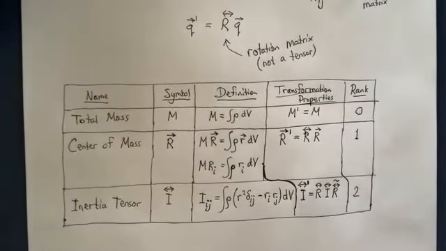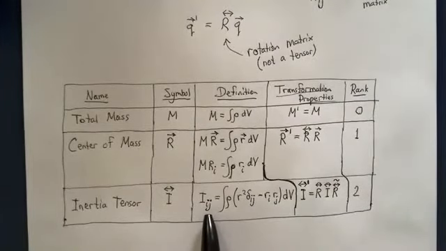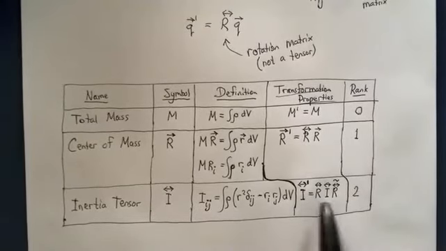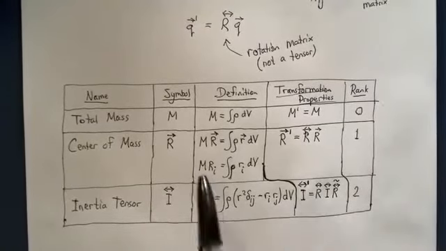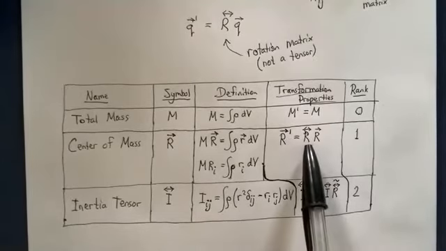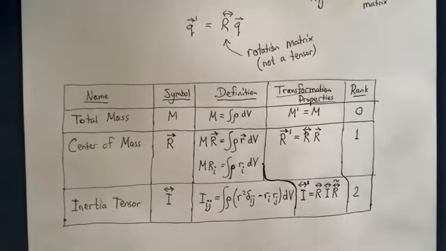You have a rotation matrix for every free index. This thing has 2 free indices, and so there are these 2 rotation matrices. The center of mass is a vector. It has 1 free index, and so when you transform it, there's 1 rotation matrix. Okay, so that's an overview.